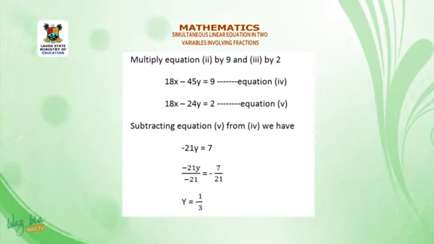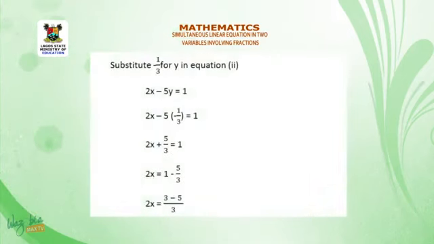Subtracting equation 5 from 4, we have minus 21y is equal to 7. Minus 21y all over minus 21 is equal to 7 over minus 21. Y is equal to minus 1 over 3.